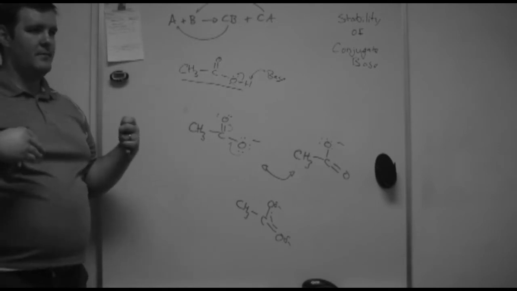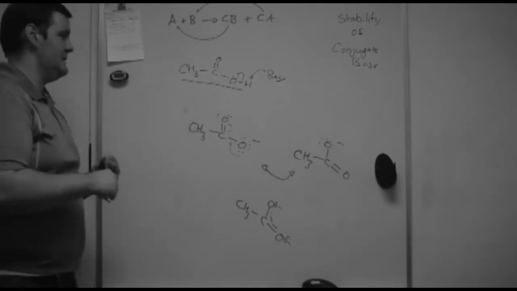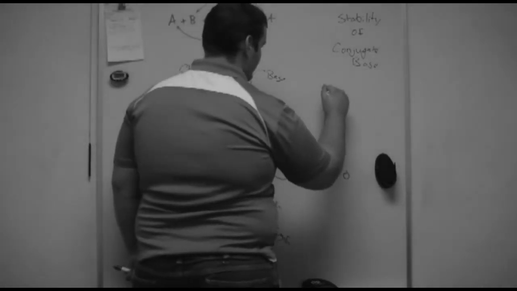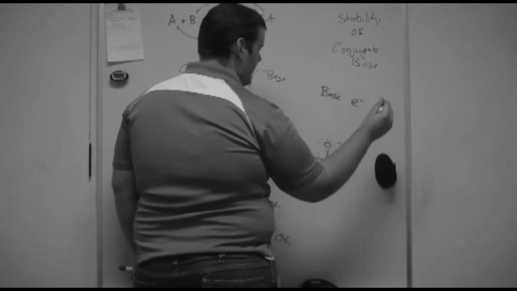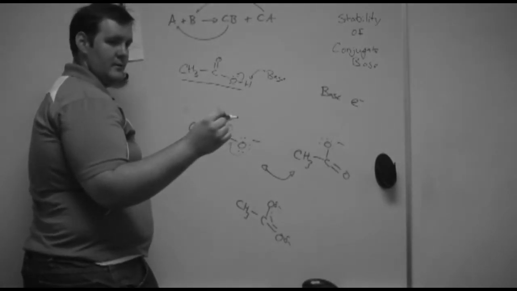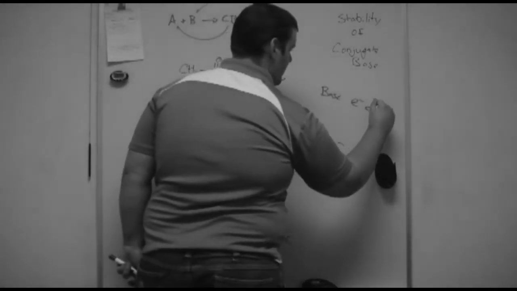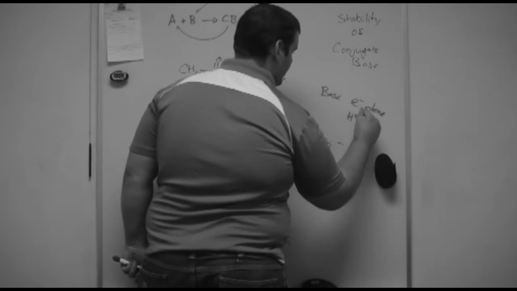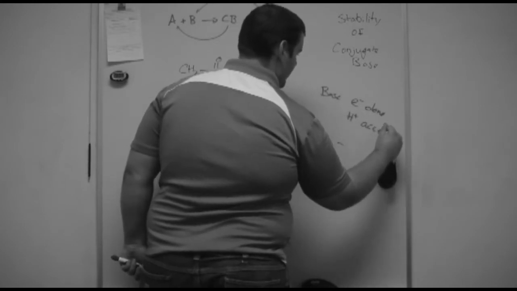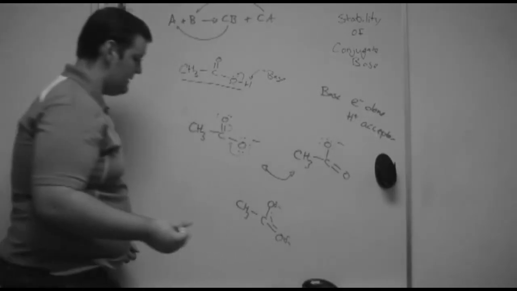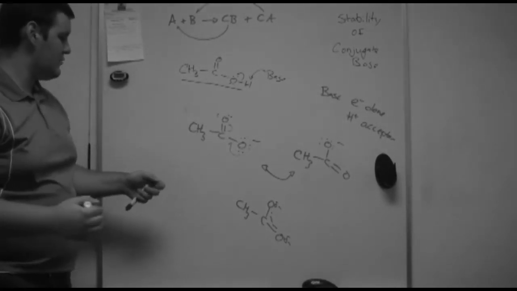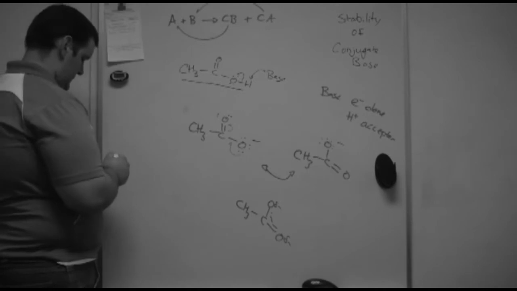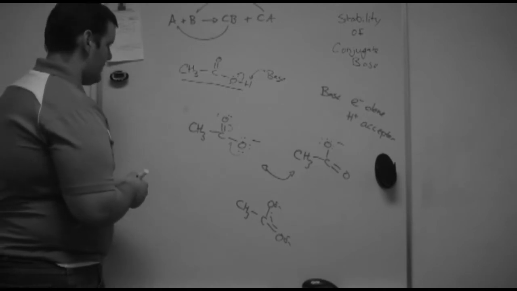And that means a base, if we define our base, a base is either an electron donor or a proton acceptor, right? We can think of a base as either of those terms. So let's reference this to something else.